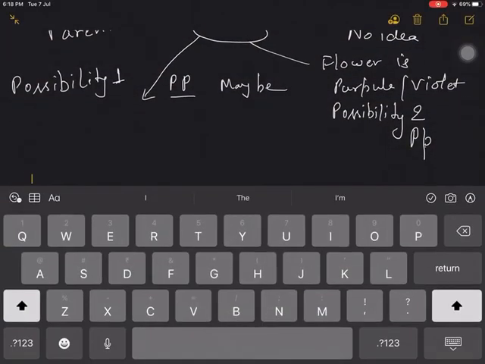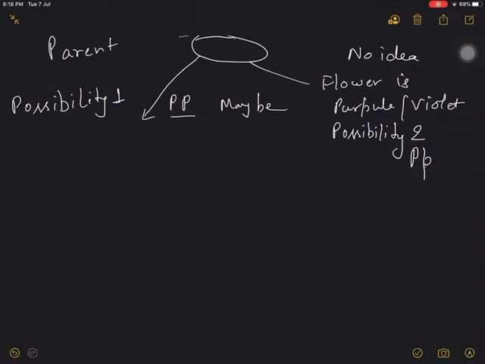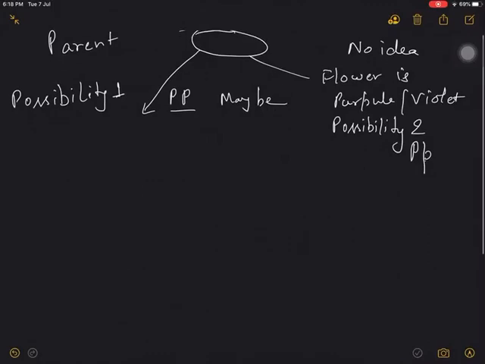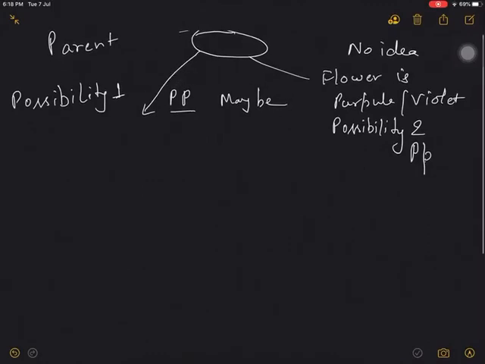So if we cross it with homozygous recessive trait, white color is homozygous recessive trait. So we have to write for this case gamete on the checkerboard again.